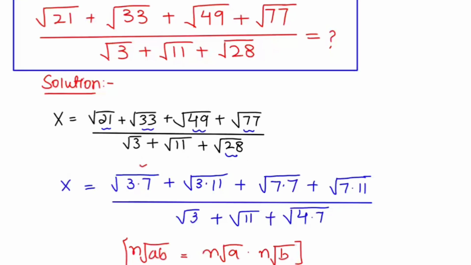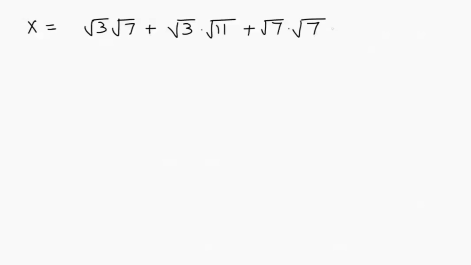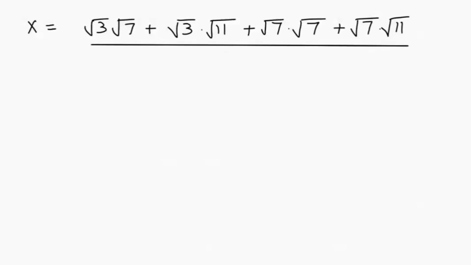So the next expression we get is x equals root of 3 times root of 7 plus root of 3 times root of 11 plus root of 7 times root of 7 plus root of 7 times root of 11 over root of 3 plus root of 11 plus root of 4 times root of 7.